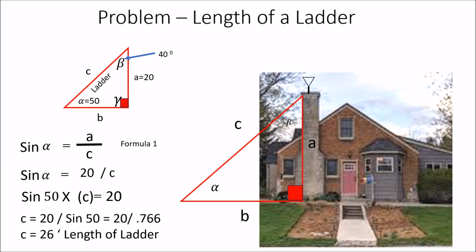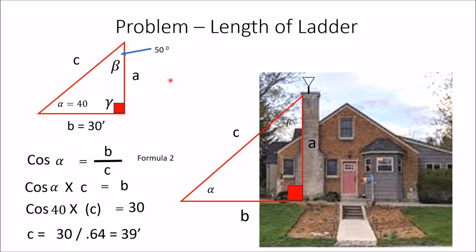Okay, here's another way we can find the same length or a different length of a ladder using the cosine and using different things that we know. In this case, we don't know A, the height of the chimney, but we know the distance between this vertex of the angle and the base of the chimney. We're saying that's 30 feet. And we said that the measured angle of alpha is 40 degrees.